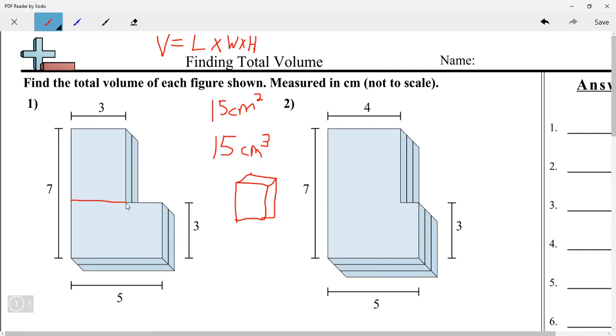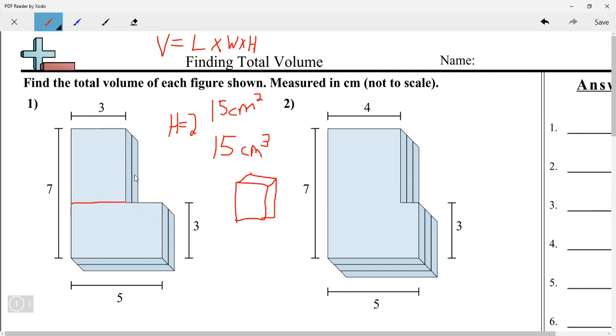Now we can either do it like that, where we split it horizontally, or we can split it here and split it vertically. Okay. Now these are just length and width. We can see that the height, since there are 2 levels, the h for all of this is going to equal 2. Okay? So let's split this up like this first.